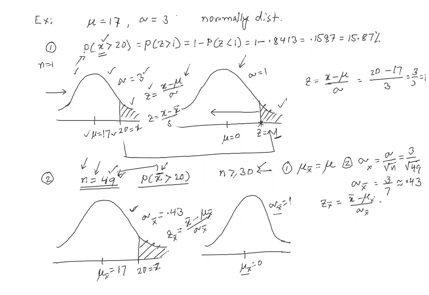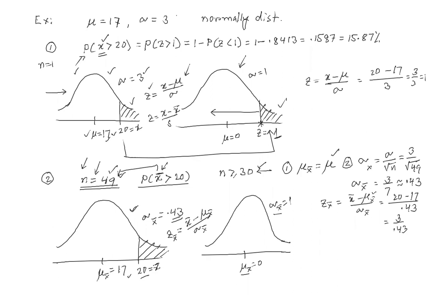We already found all of these values. X bar is 20. So 20 minus mu sub X bar, which we just found to be mu, is 17, divided by sigma sub X bar, which we found to be 0.43. So that is going to be 3 over 0.43.